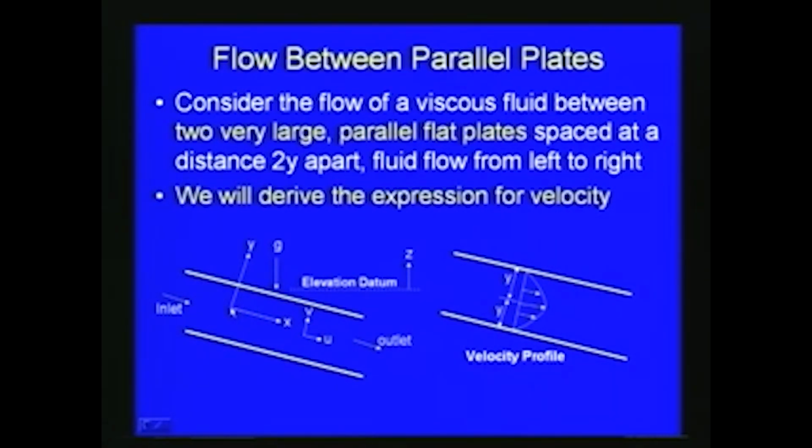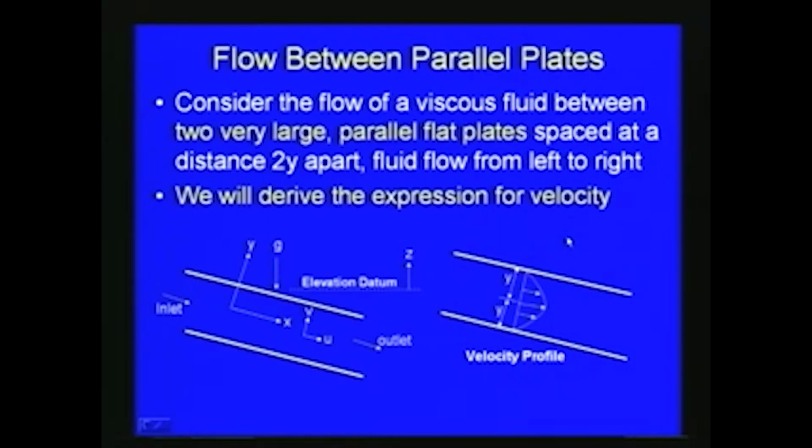Here the origin is here, the x direction is here, the y direction is here, and we consider acceleration due to gravity. The elevation datum is here. As we have already seen, in this case also, due to the no slip condition, the velocity variation will be a parabolic variation. It will be maximum here at the center line and minimum, or 0, on the plates.